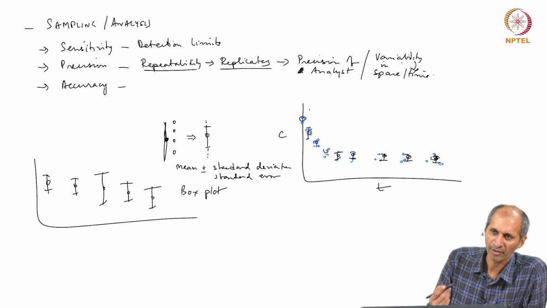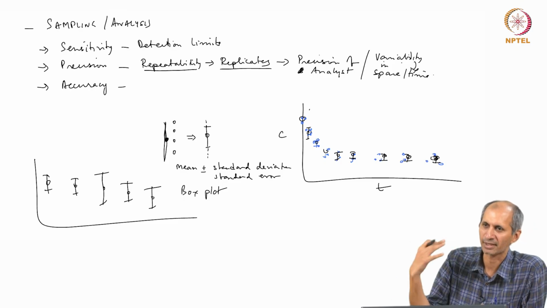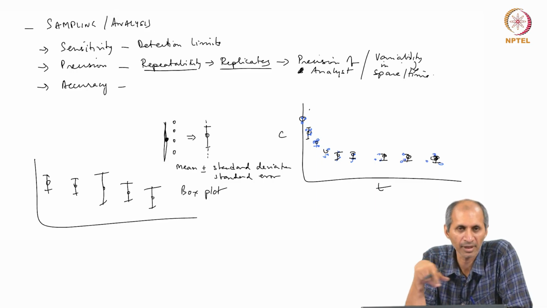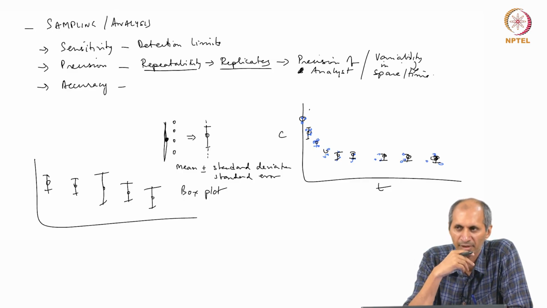So, if I have a procedure for doing an analysis, but if 10 different people are doing it on the same sample, and they are all doing it differently, there is error. You can also get that error, sampler error, how variable each analyst's operation is. Okay.